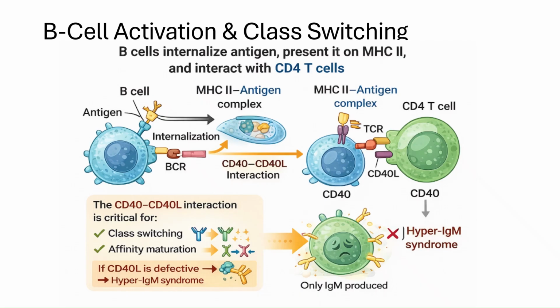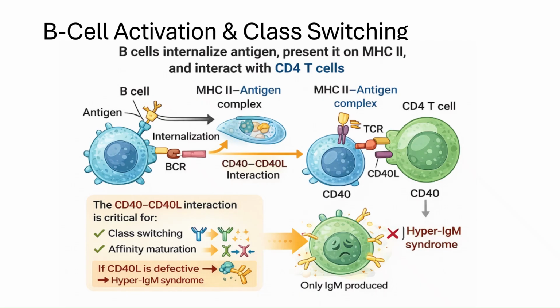Another thing you want to remember is what happens if CD40 ligand is defective. You're going to have something called hyper IgM syndrome, and this is a classic exam immunodeficiency. If CD40 ligand is defective, and that is usually X-linked, B cells cannot class switch and cannot undergo affinity maturation, and that results in high IgM, low IgG, IgA, and IgE.